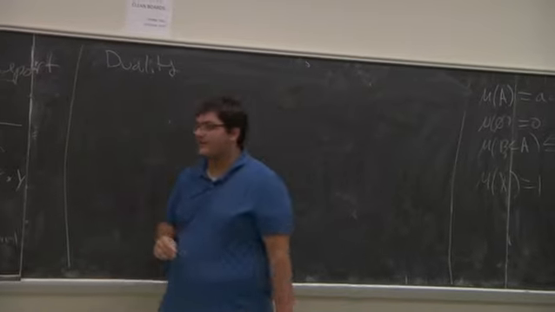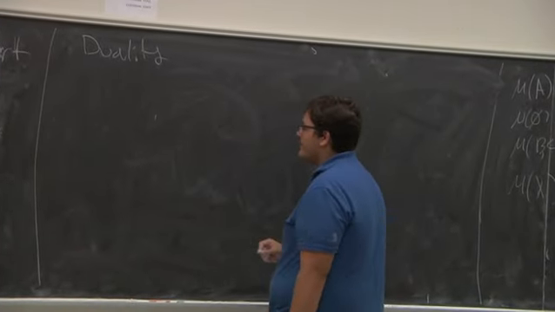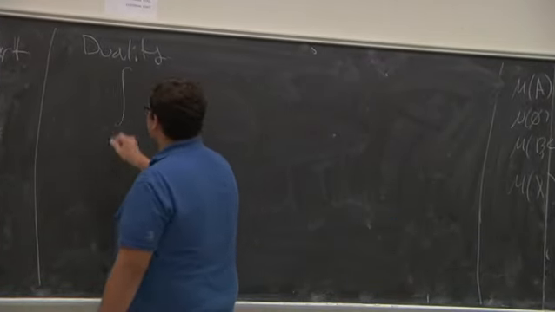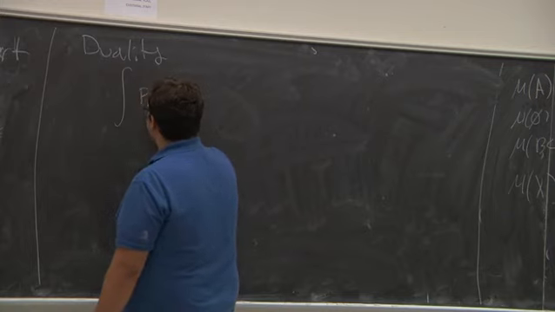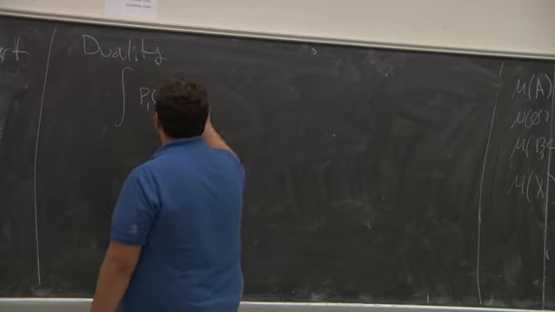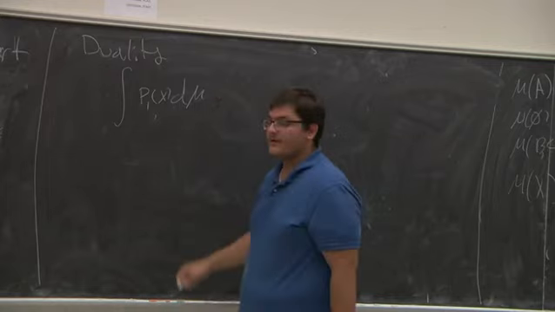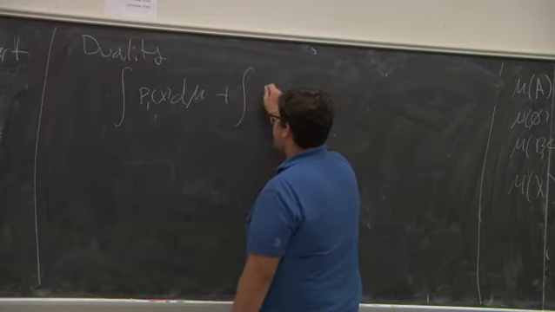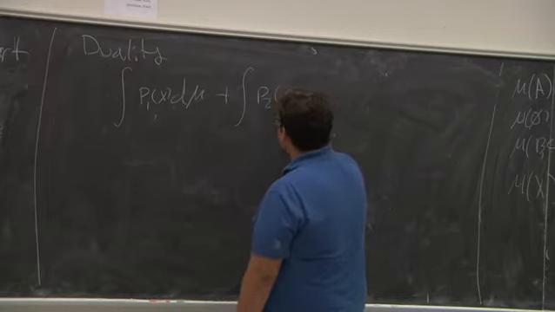This is called Kantorovich duality, and the duality is the following. Suppose that I have a price 1 for every x point, and I have a price 2 for every y point.